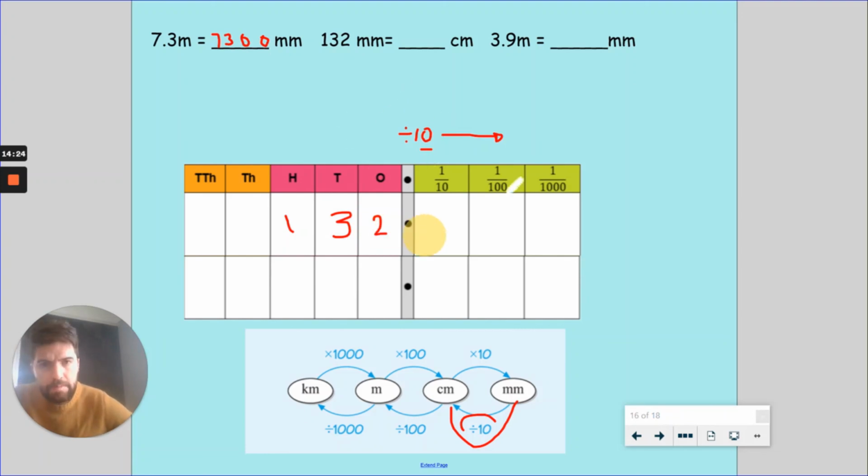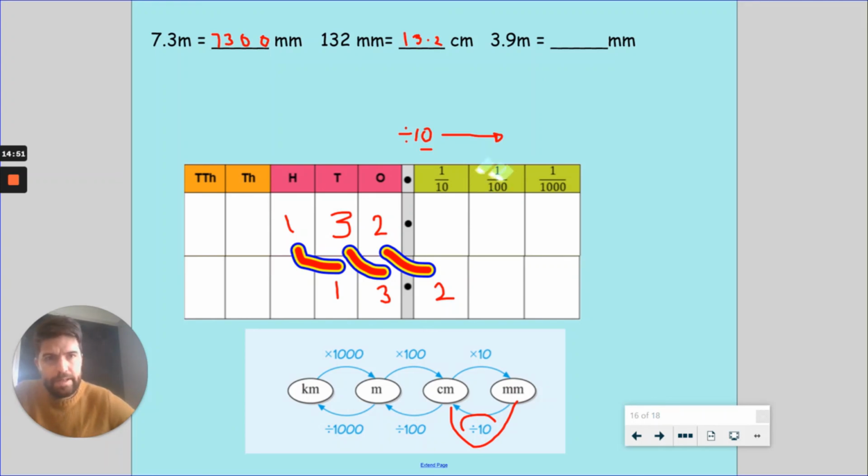Yep, okay, divide by 10, so smaller, 1 column. Alright, so the 1 is going to go in there. The 3 is going to go in there. And the 2 over into the tenths now after the decimal point. So 132 millimetres in centimetres is going to be 13.2.